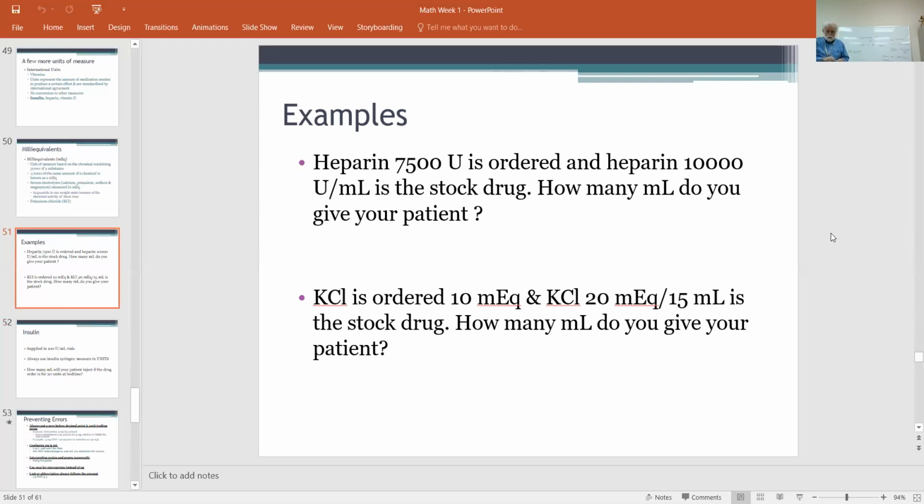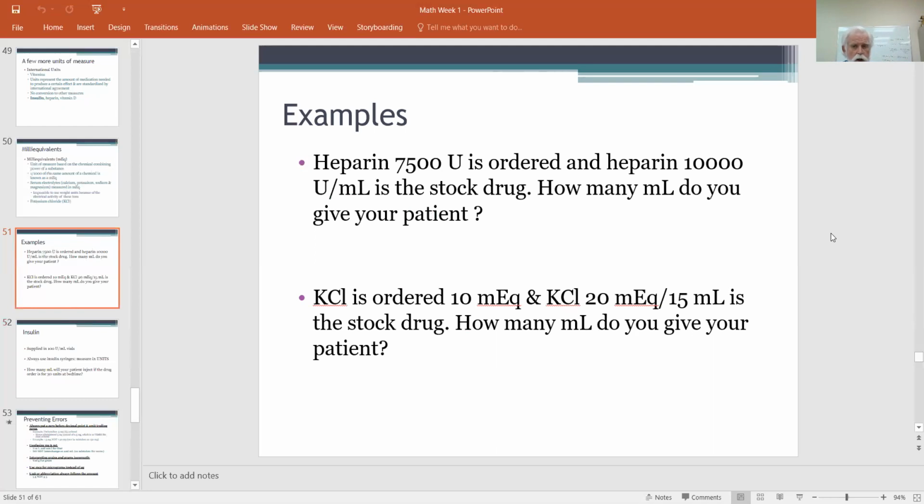Okay. Same thing for the milliequivalent. Ultimately, the potency unit, whether it's units, milliequivalents, or milligrams, or grams, or anything else, disappears.